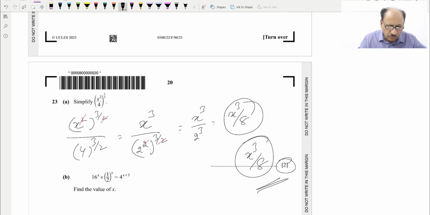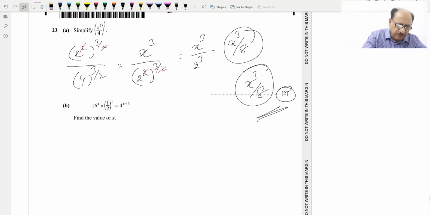Hopefully you understood this. Now part B says, this equation is given, find the value of x.